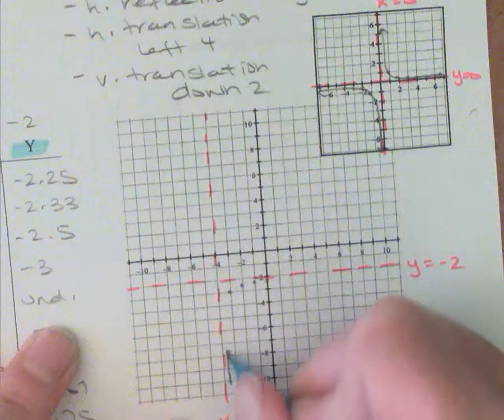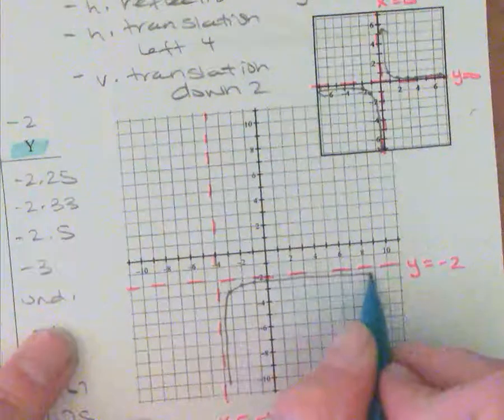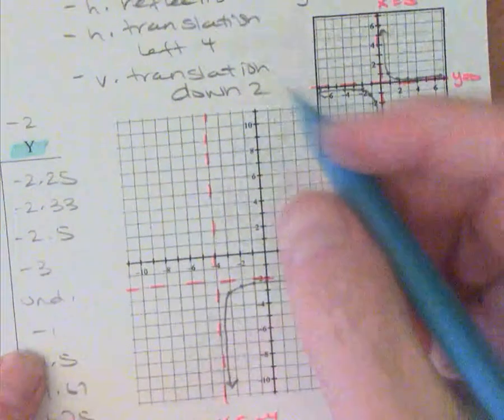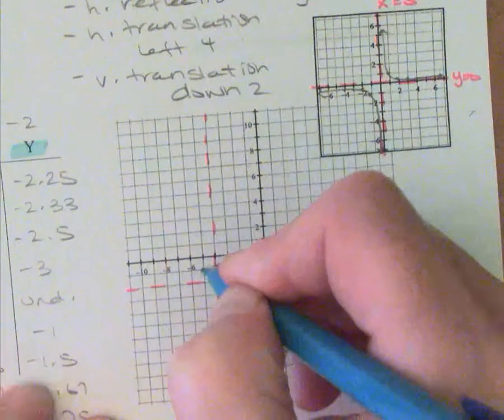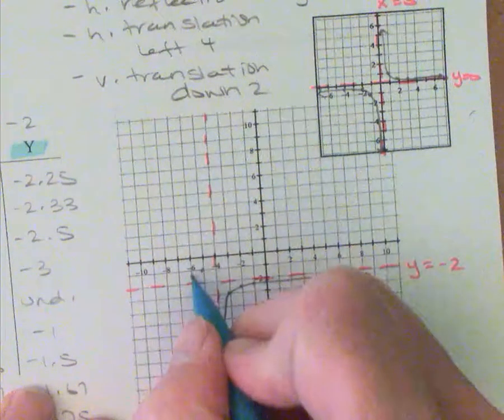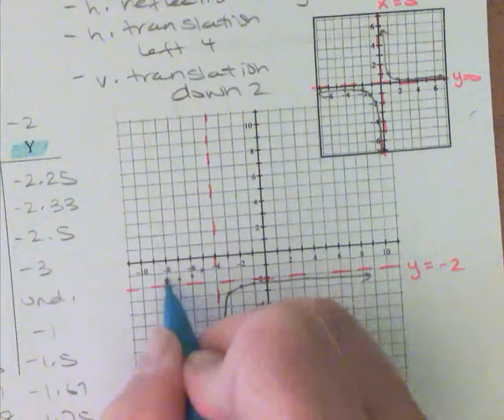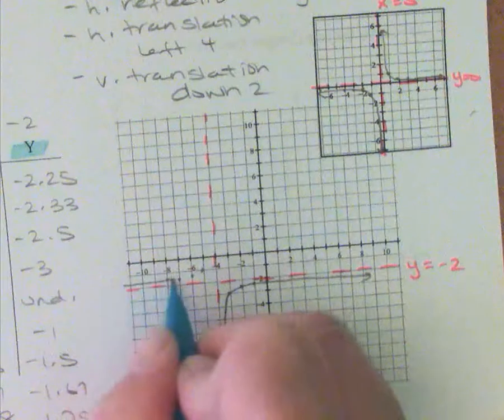So while we don't have a ton of points, this is going to do this. Okay, let's draw the other one. So at minus 5, we're at minus 1. At minus 6, we're at minus 1.5, and so on. So this part is going to do this.